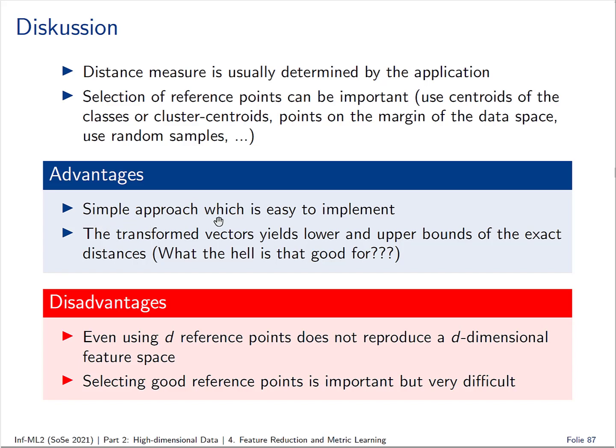It's a very simple approach and easy to implement, so that is absolutely a plus. The transformed vectors yield upper and lower bounds of the exact distances in the original feature space. You may ask, what is that good for? Good question. That is typically interesting if the distance measure is a metric, meaning that we have the triangle inequality, and then upper and lower bounds can be used for speeding up distance computations and clusterings.